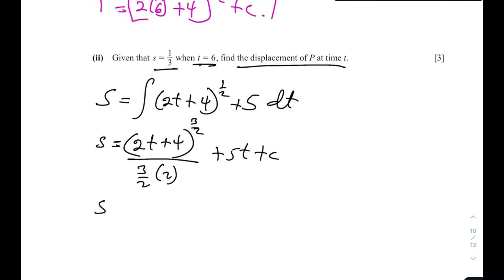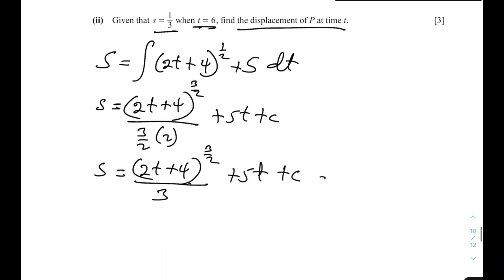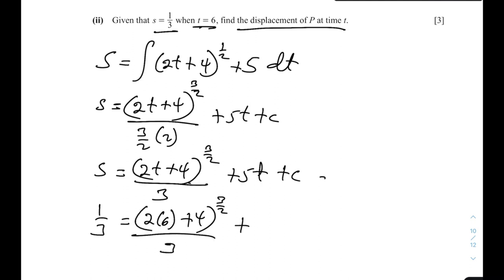All right. Now, let me simplify this before I even go to that argument. So they told us that the displacement is 1/3 and then time is 6. So 1/3 is equal to 2 into (6 plus 4) to the power 3 over 2, over 3, plus 5 into 6, plus c.